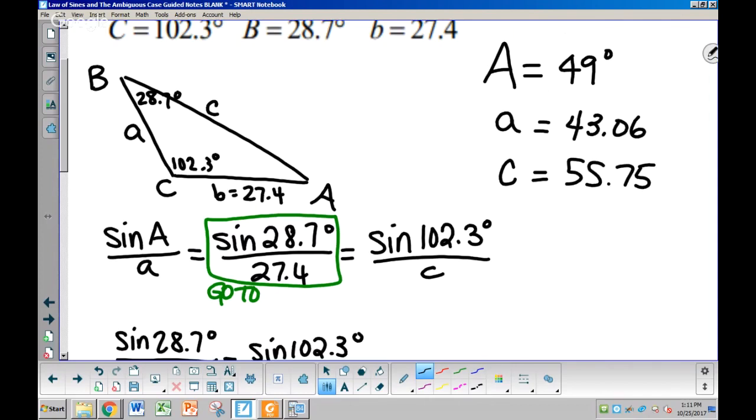And I know that sounds like kindergarten or whatever, but I like to, when we're all done, check to see if we're all right. So is the largest side across from the largest angle? Yep. And that's good news. And then the middle one would be 49 degrees, which is A. Is that across from the middle side? Yeah, it worked out, didn't it? So you know that you're in a good spot.